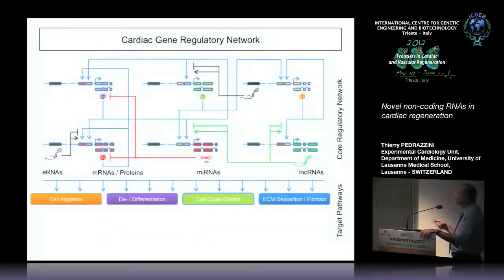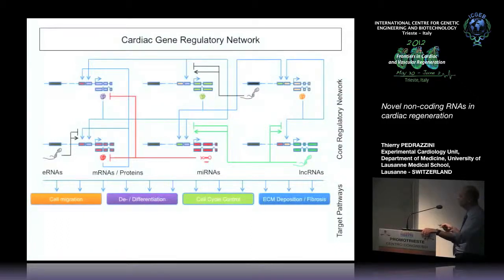Now, these pathways are under control of the cardiac gene regulatory network, and this is governed by a battery of transcription factors, but also by different molecules, specifically non-coding RNA. I've indicated several here, but I'm only going to talk today about microRNA.